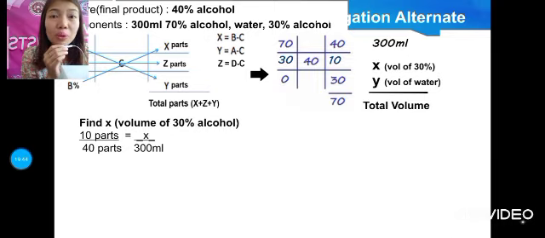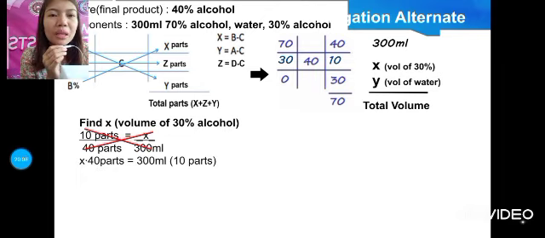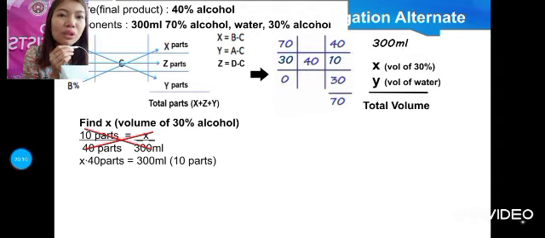So again, we will use ratio and proportion. 10 parts of the 30% alcohol, and we also have the 40 parts of the 70% alcohol is equivalent to X, which is now the volume of 30% alcohol, and 300 ml the volume of 70% alcohol. We cross multiply, and X times 40 parts is equal to 300 ml times 10 parts.